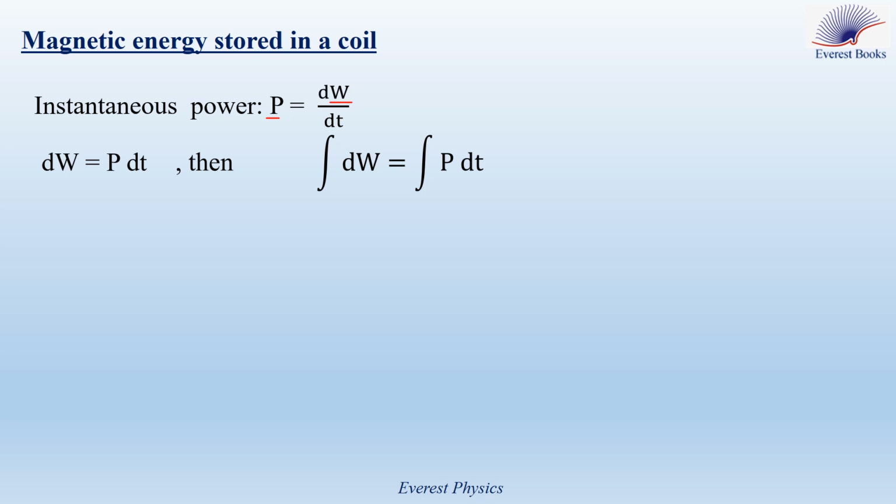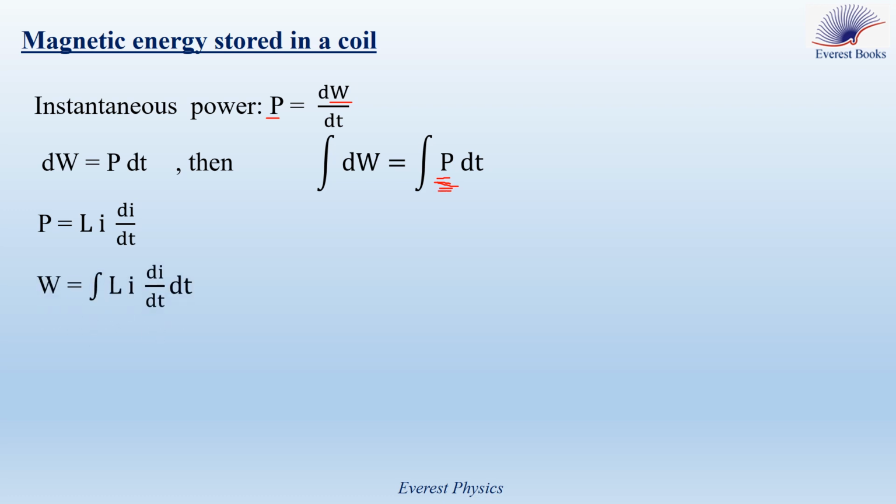Now, if you want to determine the expression of the magnetic energy, you need to take the antiderivative of the magnetic power. The magnetic power stored in a coil is equal to Li di by dt, as we have seen in the previous slide. So replace P in the above equation by Li di by dt.